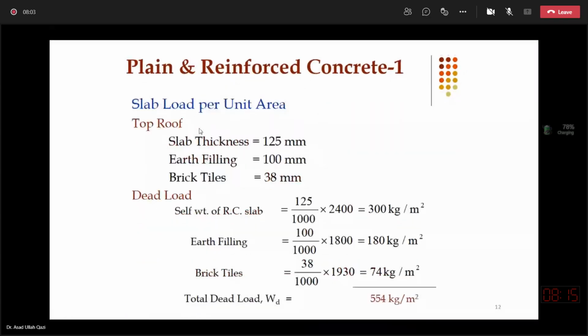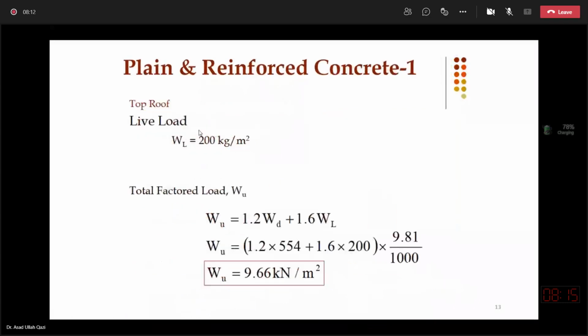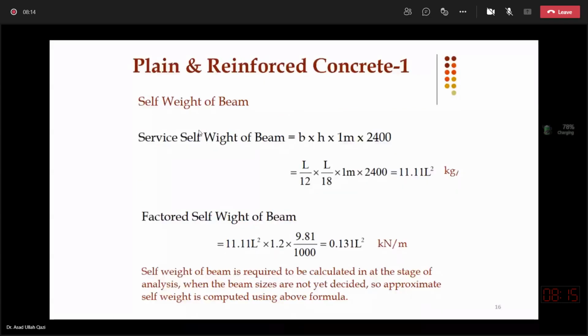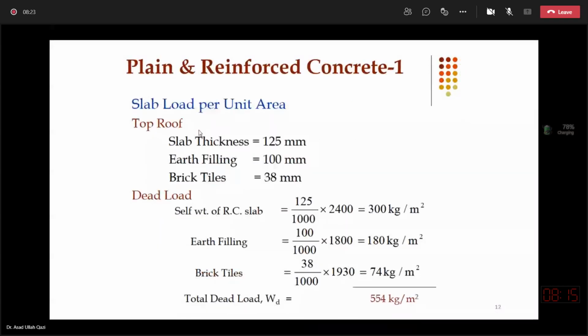Slide number 11 I discussed in detail in that recorded video, and then actually onward I want to discuss these slides in today's lecture.